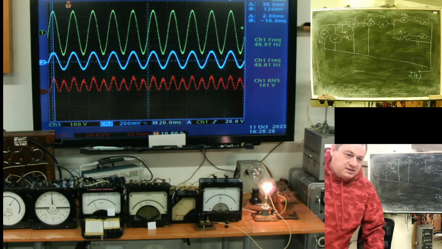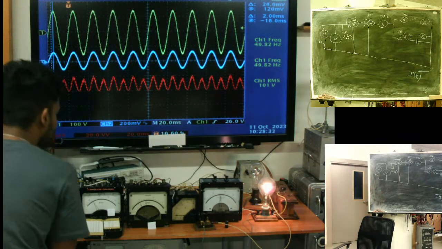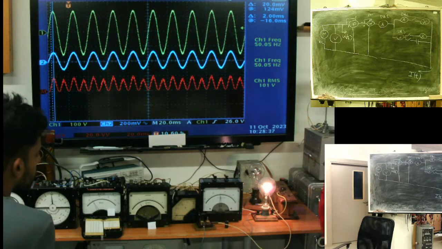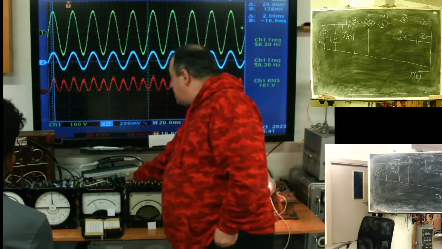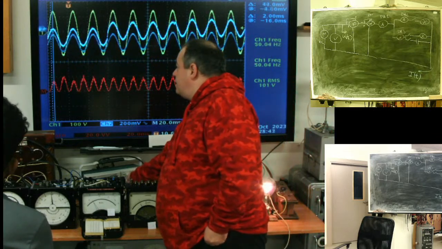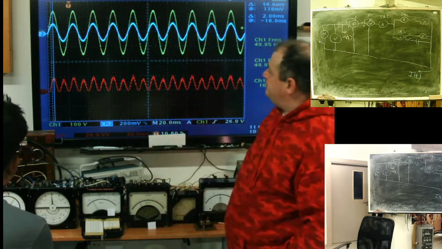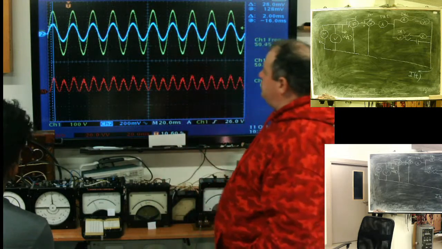You can see something. Here we have a pure active load, 100%. You can see voltage and current are in the same phase. No angular shift between them.